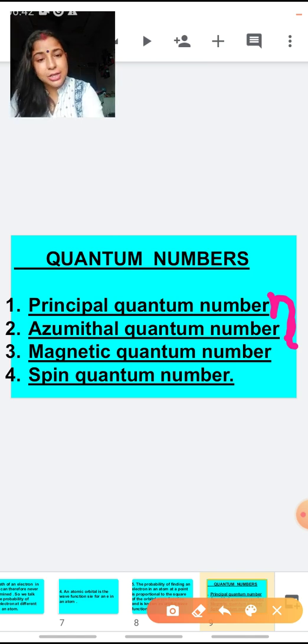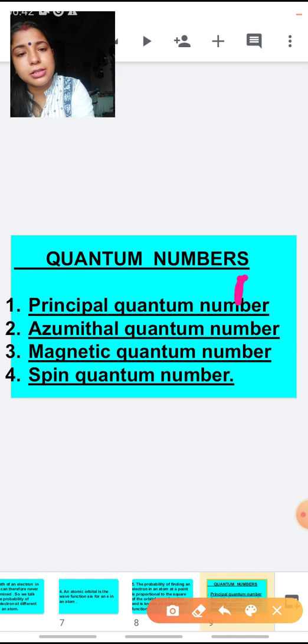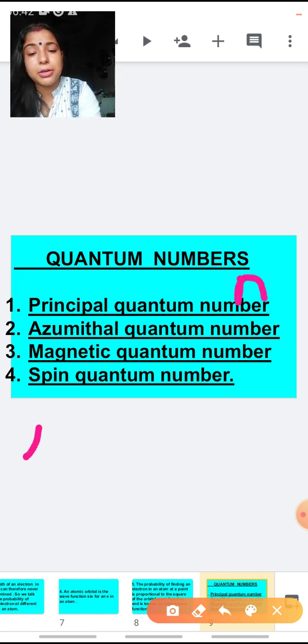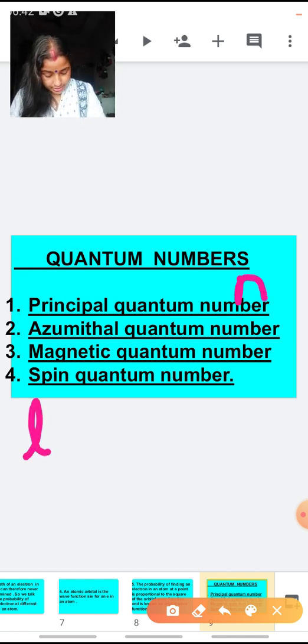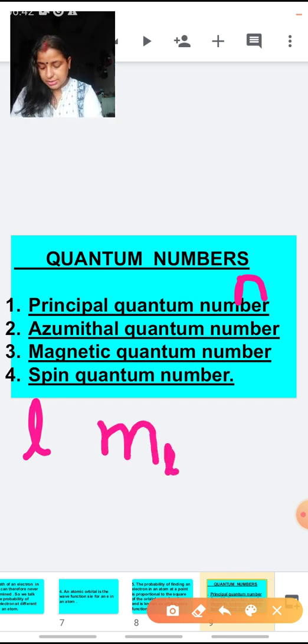The magnetic quantum number is denoted by small m and a small l in the subscript.